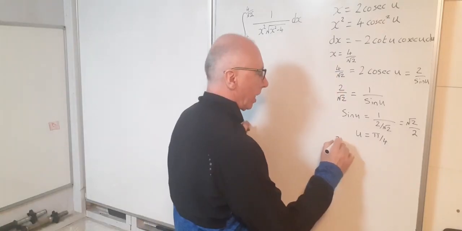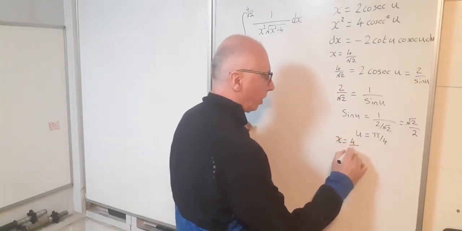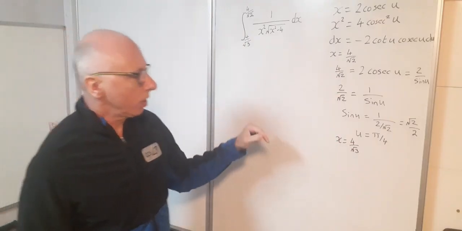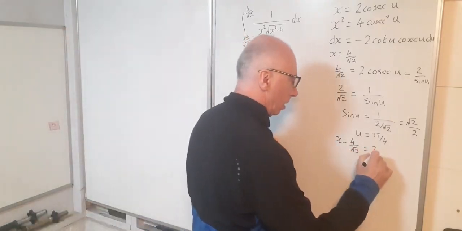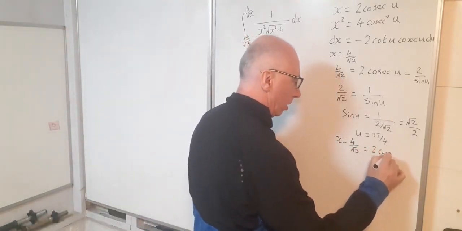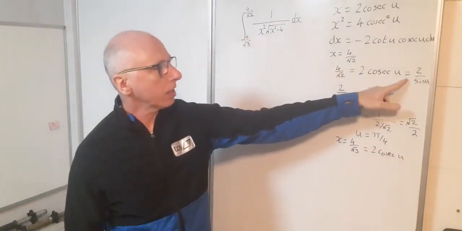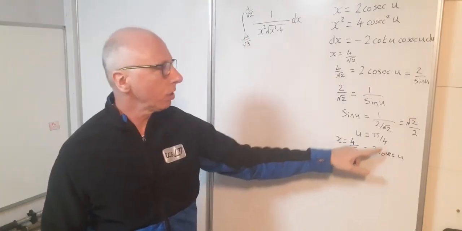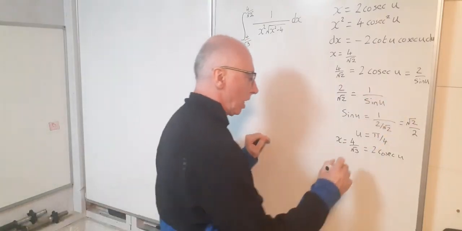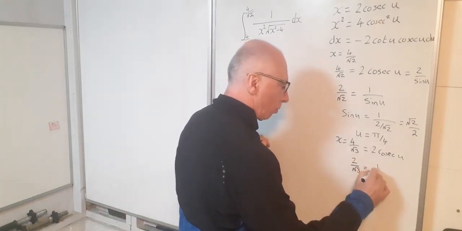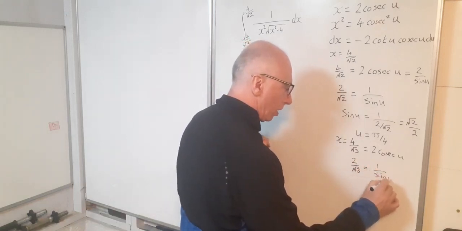This time in the case when x equals 4 over root 3. So that's going to be 2 cosecant u. I'm going to do exactly the same as I did on this example. Divide both sides by 2 and then use this reciprocal. So then I've got 2 over root 3 equals 1 over sine u.